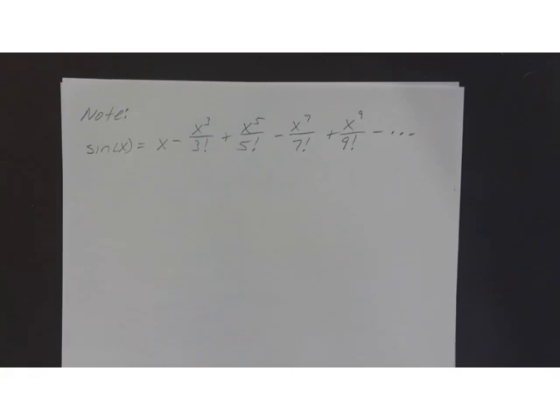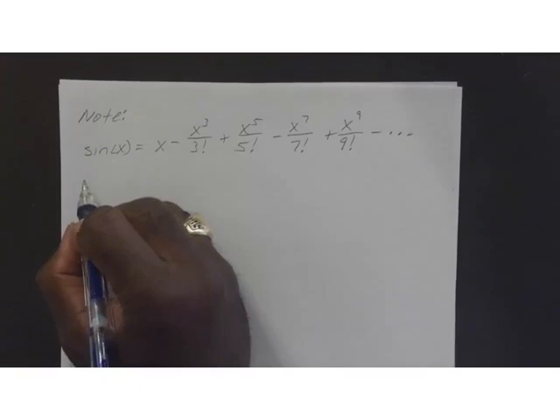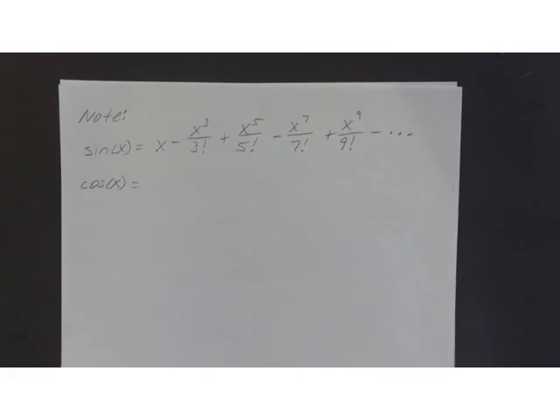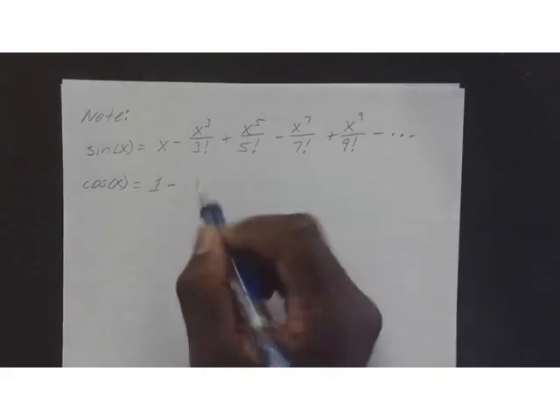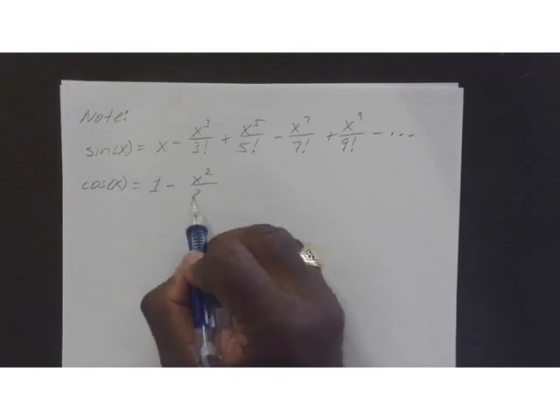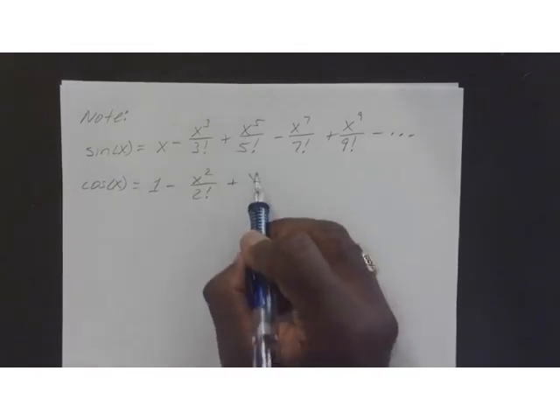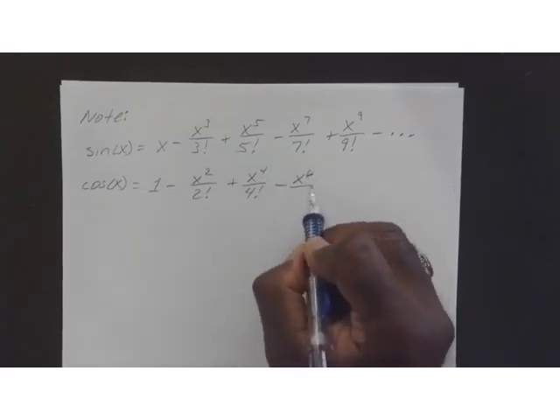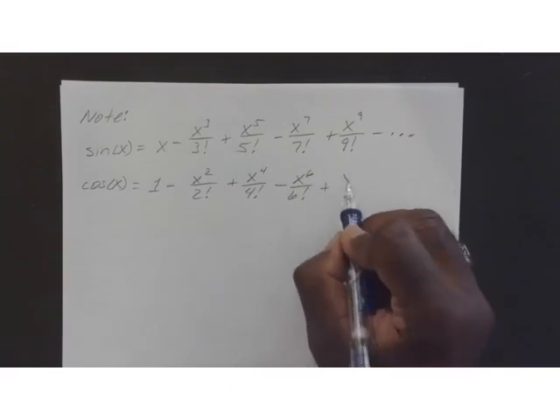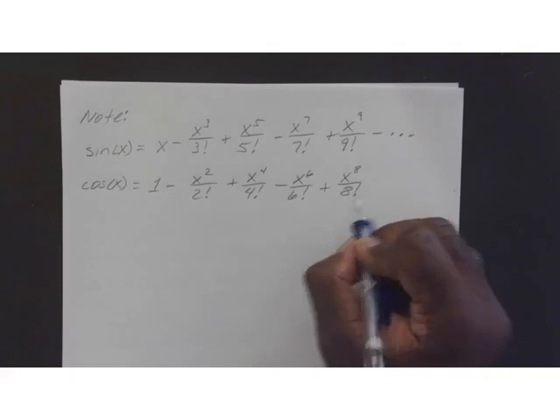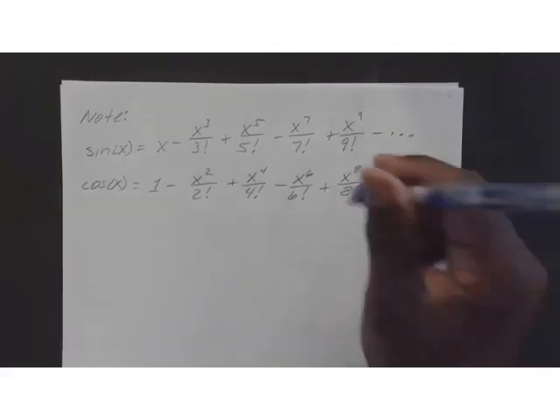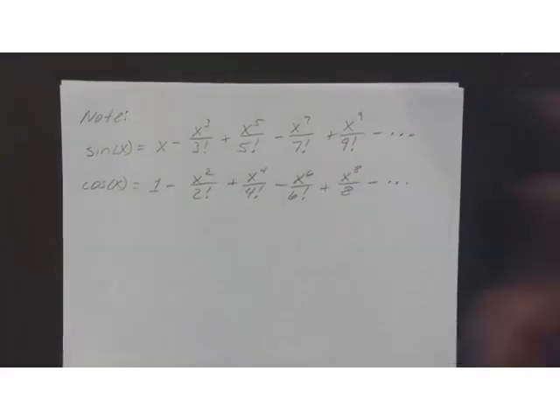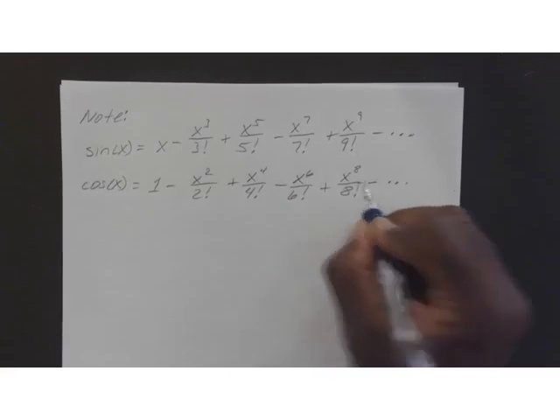Now, if we did the exact same thing for cosine, the pattern is actually really interesting. So cosine, you have 1 minus x squared divided by 2 factorial plus x to the 4th divided by 4 factorial minus x to the 6th power divided by 6 factorial plus x to the 8th power divided by 8 factorial, and it keeps on going. Oh, that should be minus. And that factorial looks a little bit odd, so let me rewrite it. There we go.